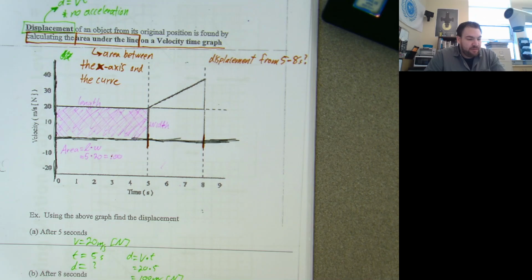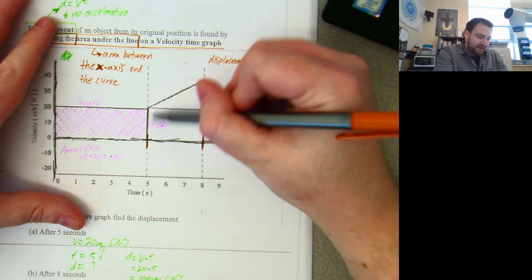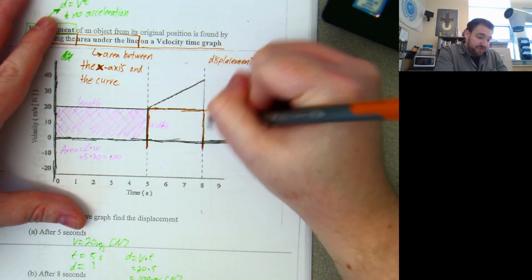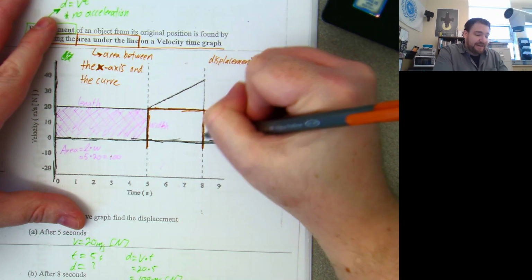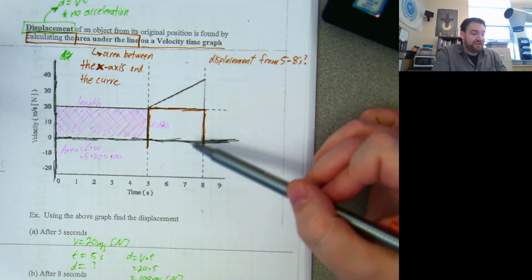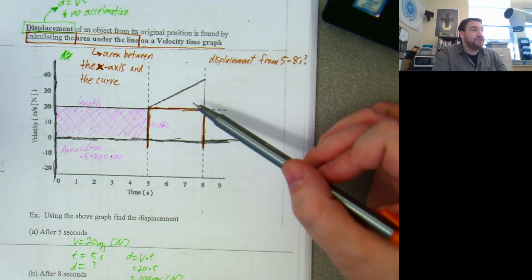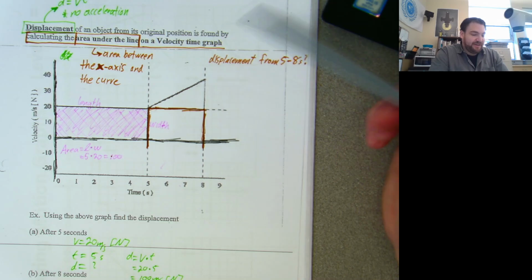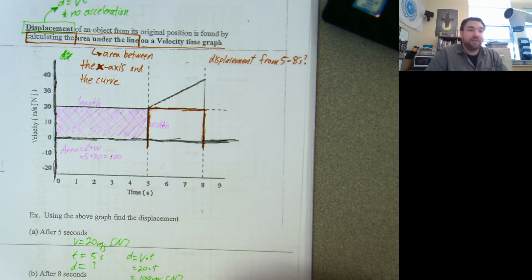What is that shape? It's kind of a weird shape, made up of two other shapes. I've got a rectangle down here, and above it, what do I have? Triangle. Well, if I don't look at this as one big shape, I look at it as a composite shape made up of a rectangle and a triangle. This all of a sudden becomes totally doable.